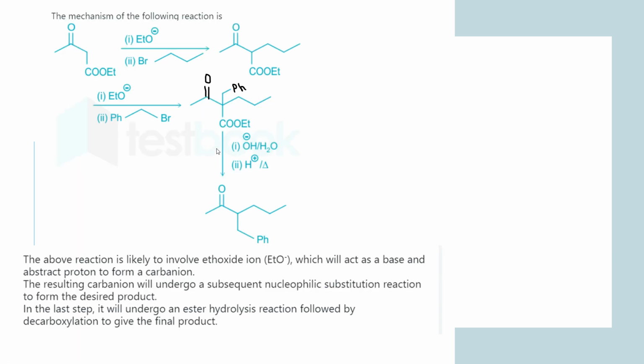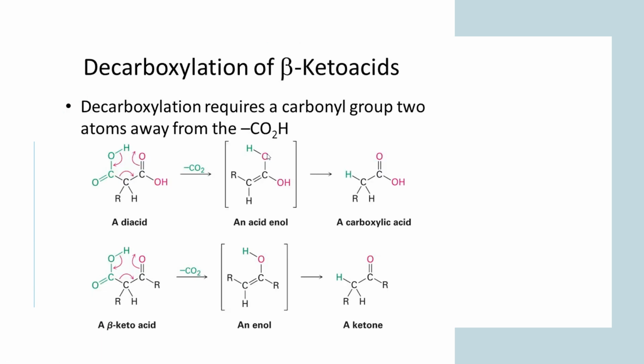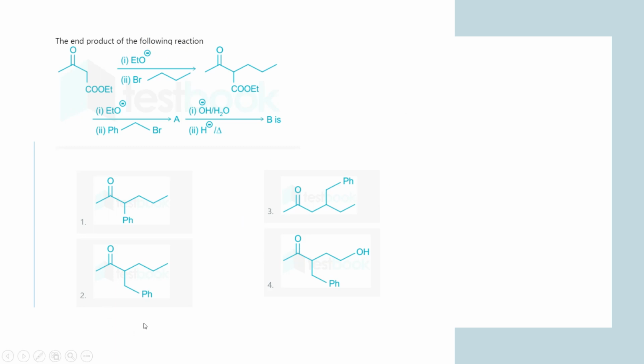After getting a beta keto acid at this step, when we treated that beta keto acid with heat and acid, we got the formation of a ketone via decarboxylation. We also talked about the mechanism followed by the decarboxylation reaction, and we chose this product to be the final end product of this reaction.